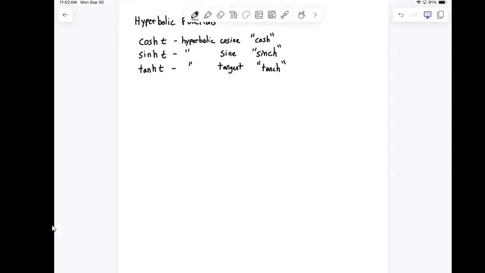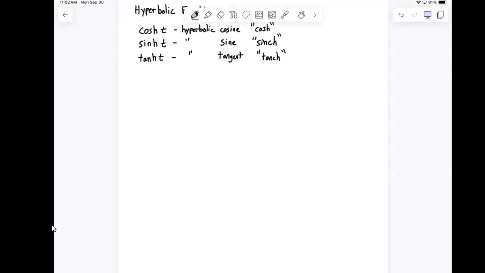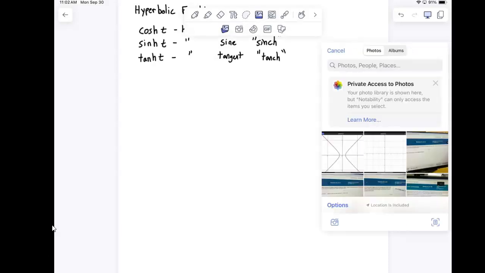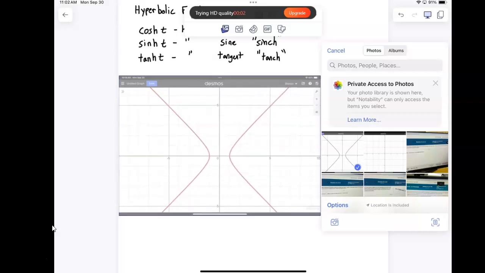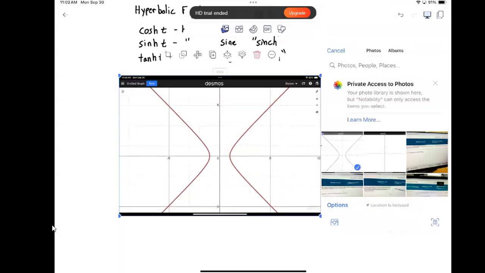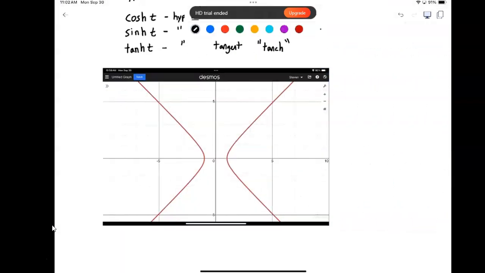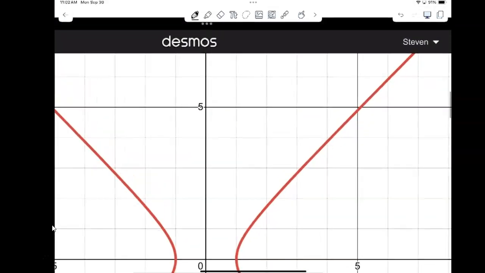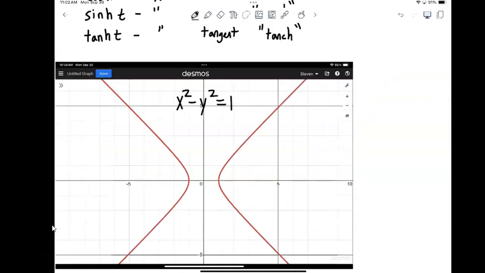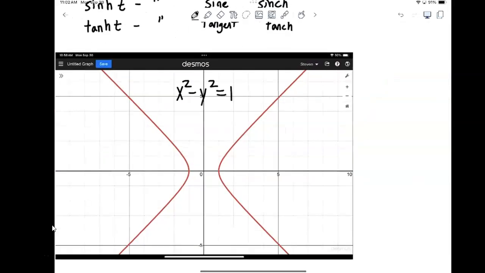Now, these functions are called hyperbolic because they get their definition from the unit hyperbola, get it right. And that's this shape right here, x squared minus y squared equals 1. And so that is the unit hyperbola, centered at the origin.